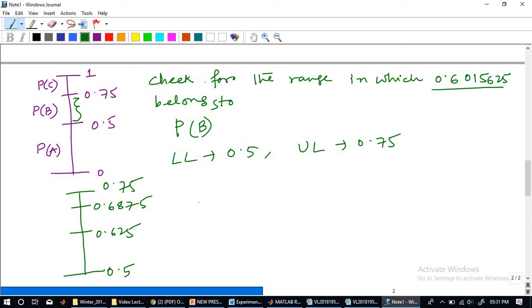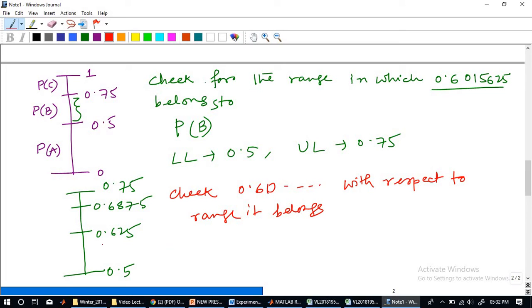Now the process is you check the value of 0.6015625. So again I'll write here, check. So this is my second go. Check 0.6015625, whatever the value given, with respect to the range it belongs to.